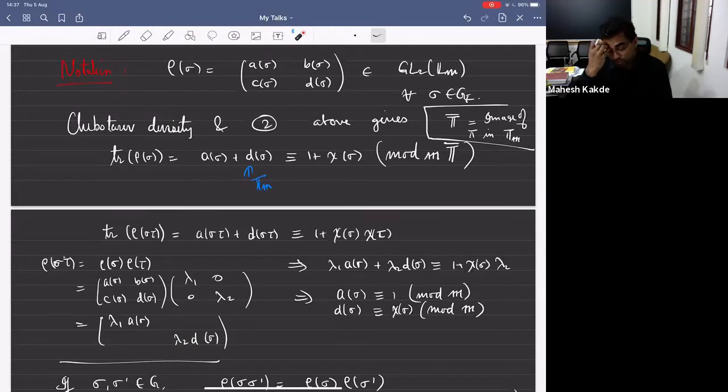This is because the representation is residually indistinguishable mod 2. These lambda 1 and lambda 2 will be congruent modulo 2, and so I can't do this argument. Most probably these A and D will not be in TM for any good choice of basis.